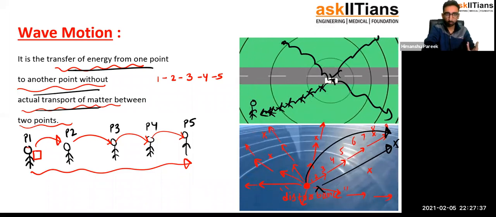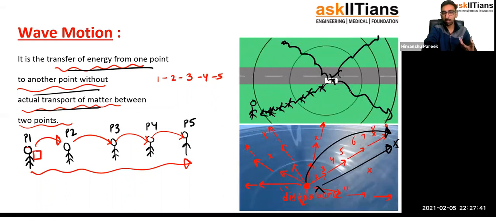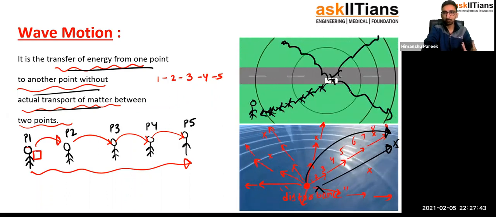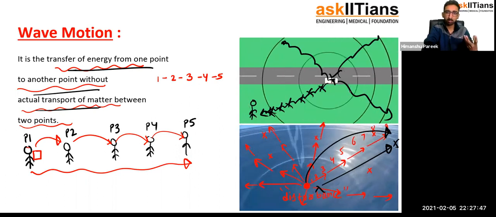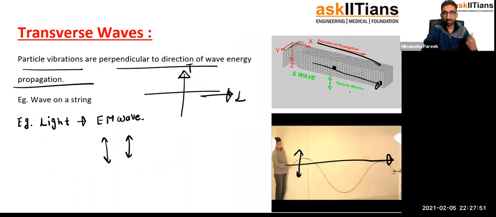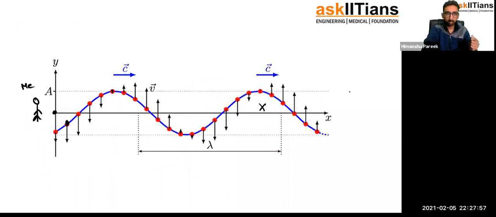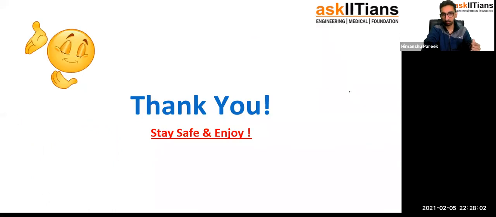So in a wave motion, the matter does not leave its position, it vibrates at its own position, right? But it will make other things vibrate at their own positions, and that's how the entire disturbance will be traveling forward. Then we discussed the transverse wave. Particles are vibrating perpendicular to the energy propagation. In longitudinal waves, particle vibrations are parallel to the energy propagation.